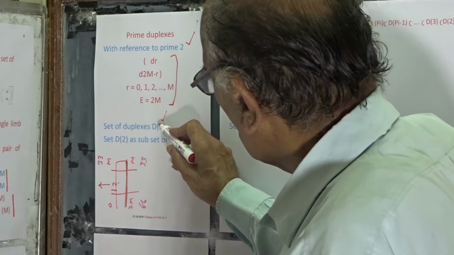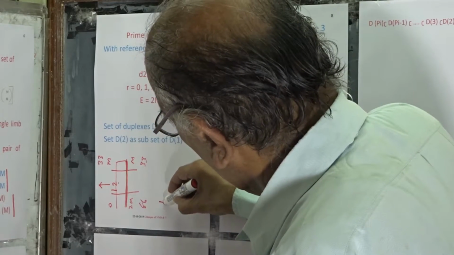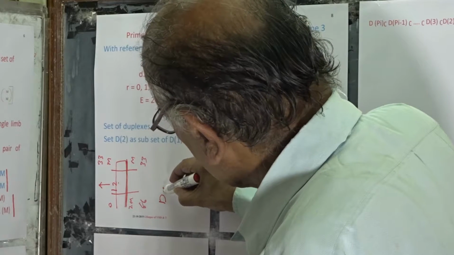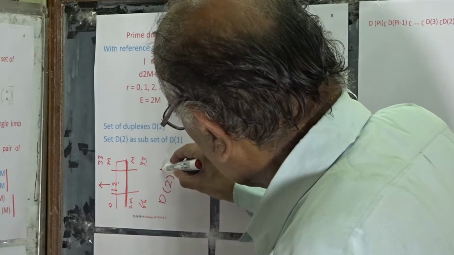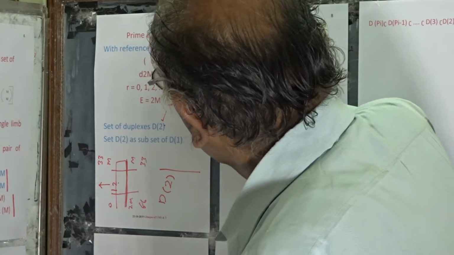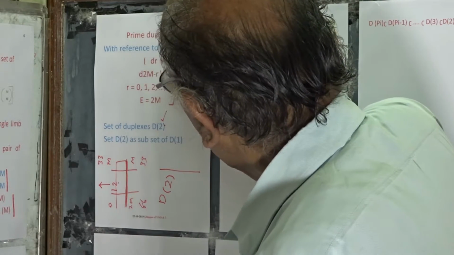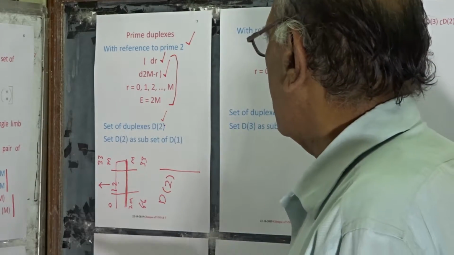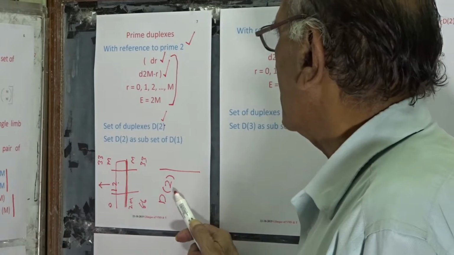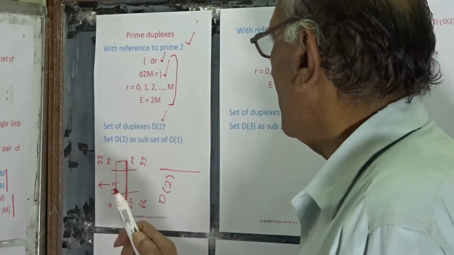The set D2 be taken as a set of duplexes of which the upper member as well as the lower member is not accepting 2 as a factor, except 2 itself.